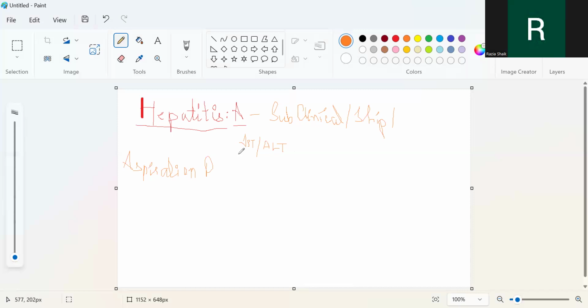So you did the LFTs and AST-ALT came in thousands, meaning greatly elevated, spiking to thousands, 2000s. What could be the causes? This is very important. First important cause, drug induced liver disease.